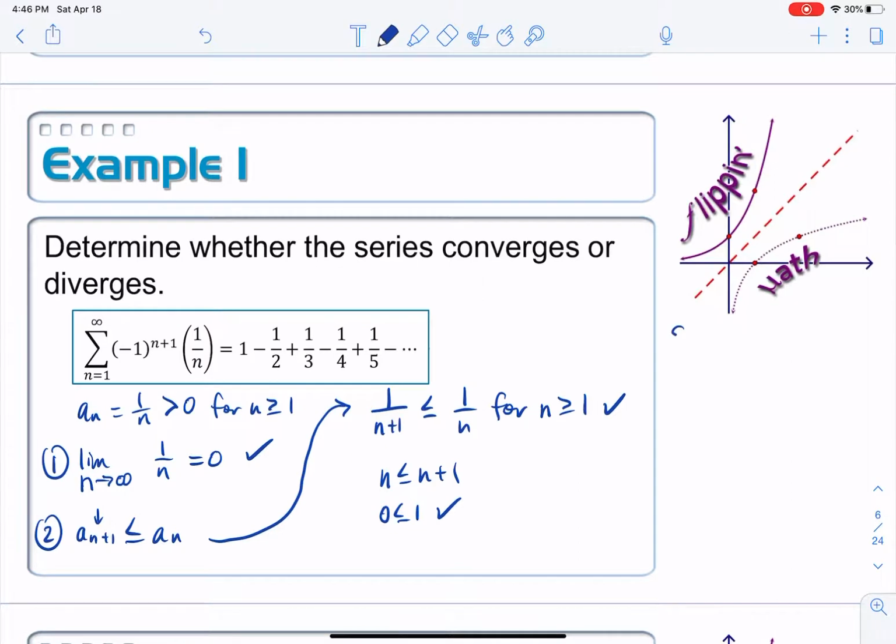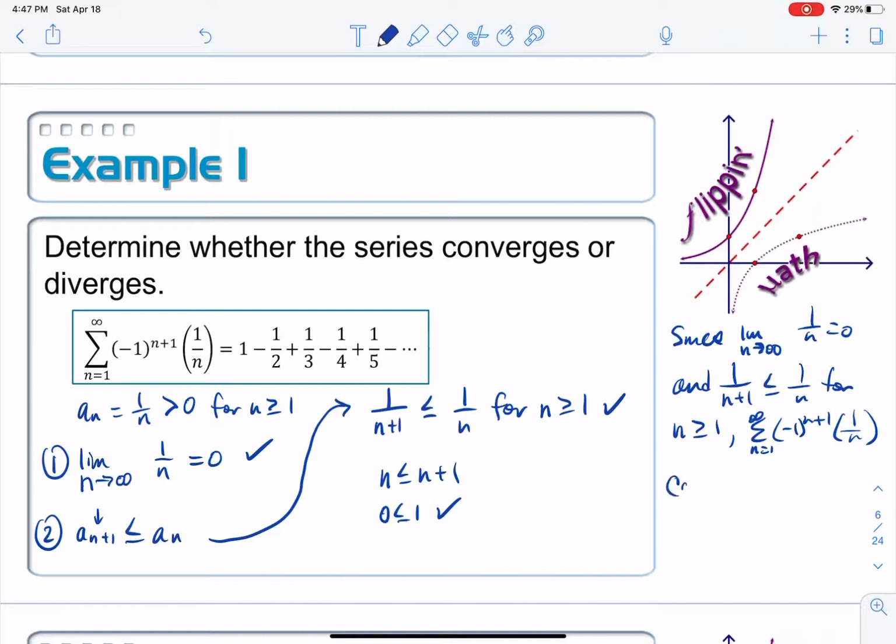Since the limit as n approaches infinity of 1 over n equals 0, and 1 over n plus 1 is less than or equal to 1 over n for n greater than or equal to 1, I can conclude that the series from n equals 1 to infinity of -1 to the n plus 1 times 1 over n converges by the alternating series test.